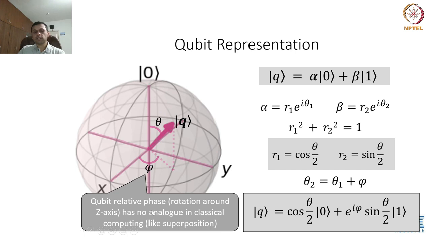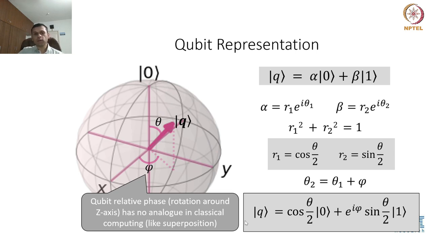Now, this qubit relative phase is, in other words, the rotation around the z-axis. Okay, the angle is with the x-axis, but really, think about it, the relative phase means how much a qubit has rotated around the z-axis. This also has no analog in classical computing, just like the concept of superposition. So that's another big difference you should note between quantum and classical computing.